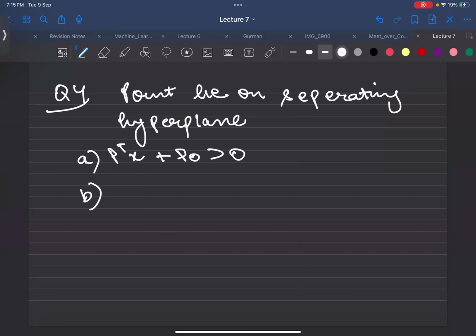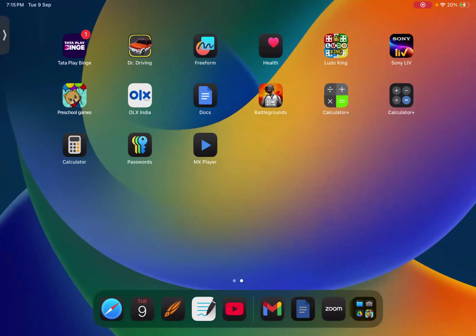I'll not write it again. It should be less than 0, it should be equal to 0, or it should be... So what is the answer? I want everyone to be correct. Exactly. So it should be equal to 0.